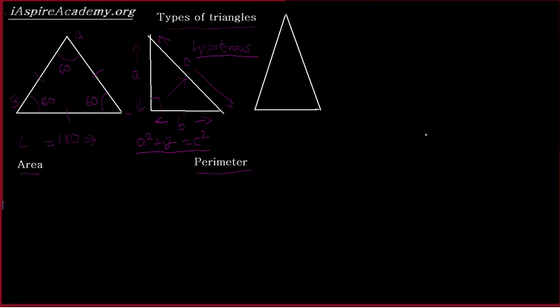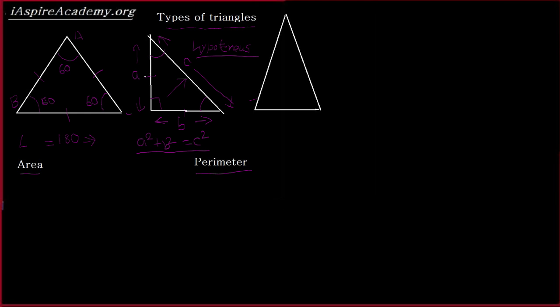Before I go to the third type of triangle, let me make sure I cover everything about the right angle triangle. If this is 90 degrees, then the sum of these two angles should be 180 minus 90, because all three angles together are 180.